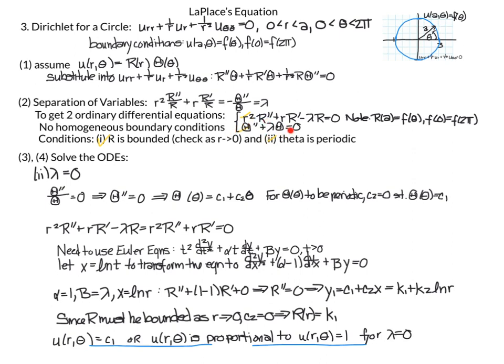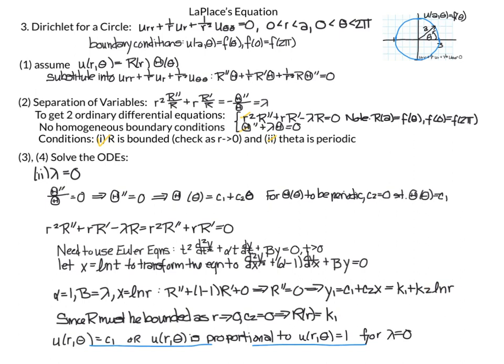We used the fact that theta is periodic. We solved for r here, k1 plus k2 natural log of r. But the last thing we need to do is check that r is bounded as r approaches 0. So as r approaches 0, looking over here, we need C2, I'm sorry, it's actually K2, to be equal to 0 because we don't want it to go to infinity.